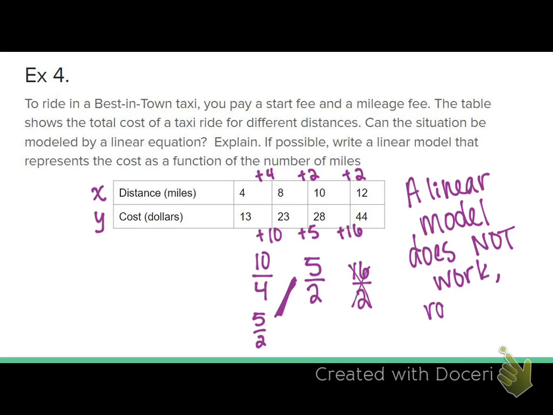Rate of change is not constant. Okay, it looked like we were going to get a constant rate of change from the first few numbers, but that last set of numbers threw us off.